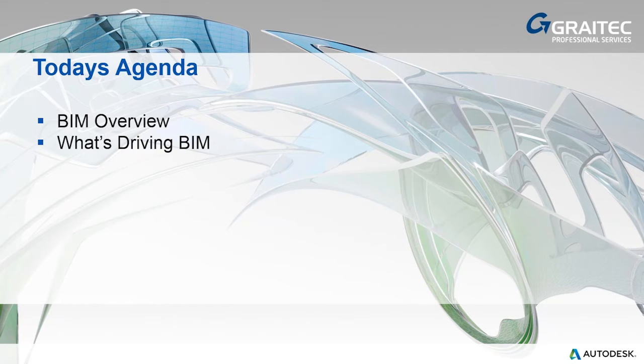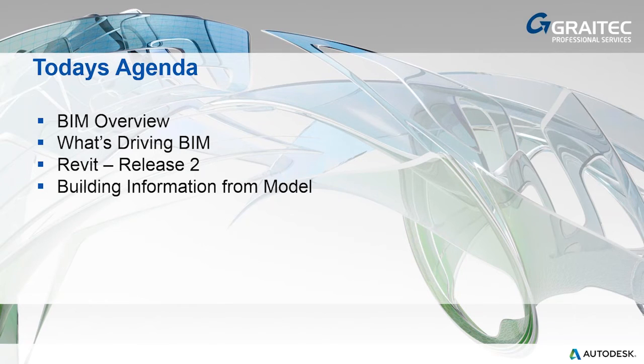We'll explore some of the driving factors behind BIM. Then we'll have an in-depth review of Revit 2016 Release 2. Then look at some of the purchasing routes for your BIM software. Okay, we have a good amount to discover in a short time, so let's get started.